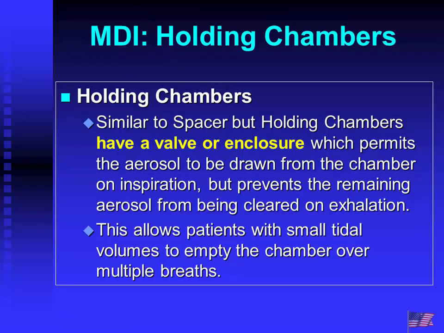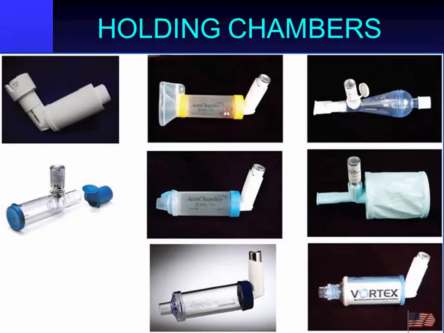Kind of a nice sophisticated mechanism. We know that a holding chamber is similar to a spacer, but again, it has a one-way valve, not something we would be able to use on a mechanically ventilated patient. But patients with small tidal volumes can actually take multiple breaths from that same actuation of the MDI.